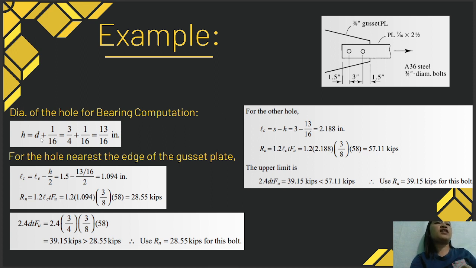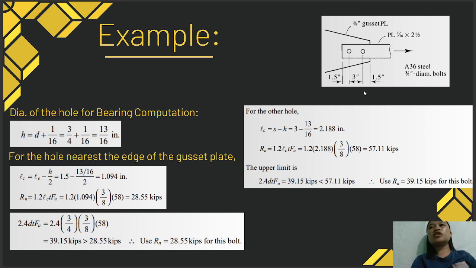So, we have now, ato ang D is 3/4, and i-plus nato siya 1 over 16. So, therefore, ato ang H is equal to 13 over 16 inches. Then, isolve din nato ang LC, or ang edge distance to center sa ato ang bolt. So, pag-solve ana is ato lang i-minus ang LE sa H over 2.